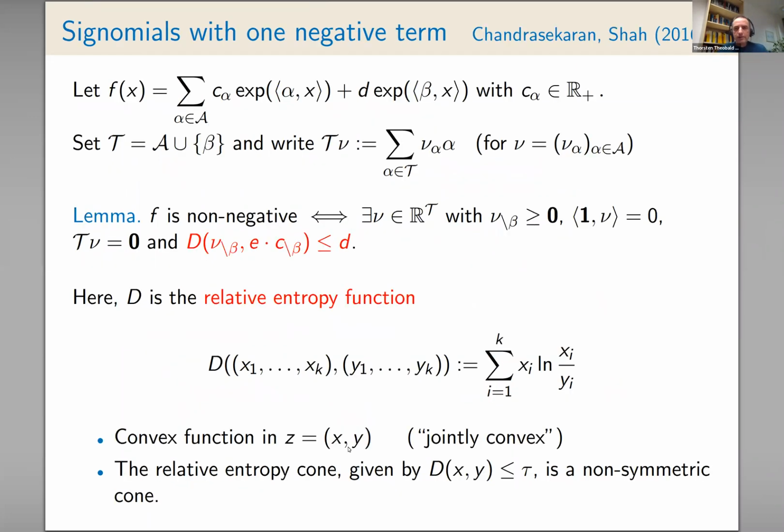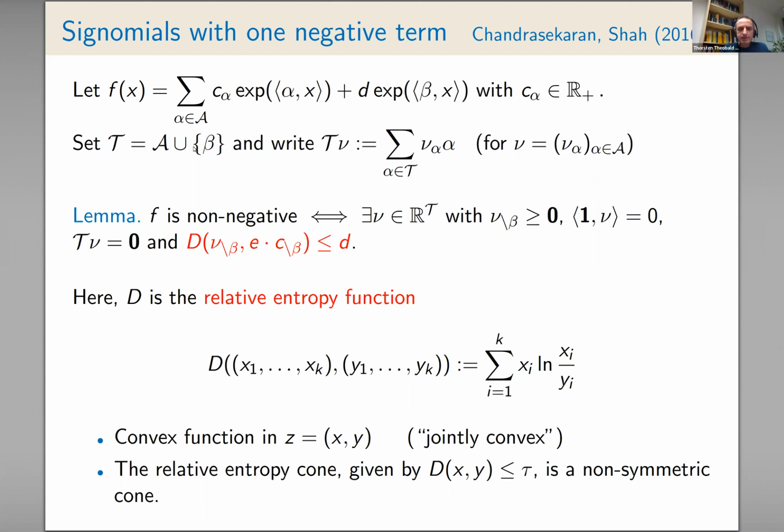And now there's a very crucial idea which goes back to Chandrasekaran and Shah, and they have studied exactly the same elementary situation with just one negative term. And they have shown that the non-negativity of this, in terms of the coefficients C alpha and D, now for arbitrarily given coefficients, can be decided in terms of relative entropy programming, which are certain convex optimization problems.